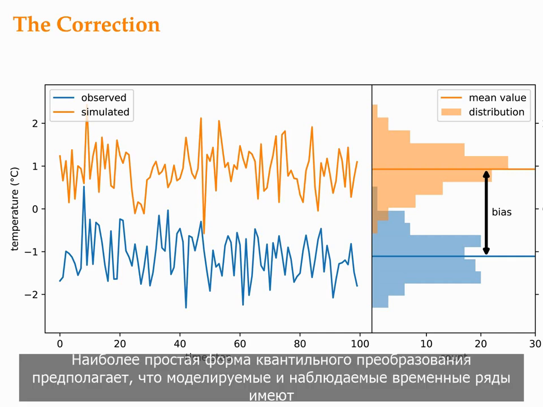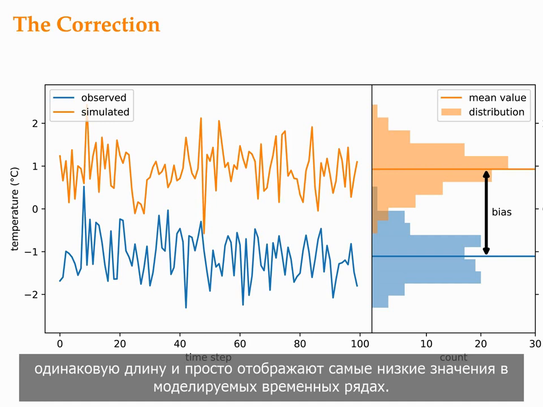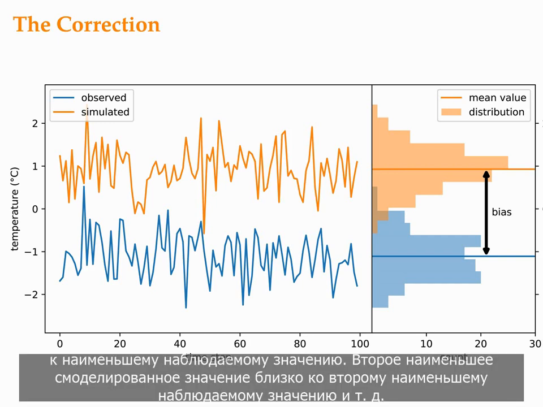The most simple form of quantile mapping assumes that the simulated and observed time series are of equal length and just maps the lowest value in the simulated time series to the lowest observed value, the second lowest simulated value to the second lowest observed value, and so on.